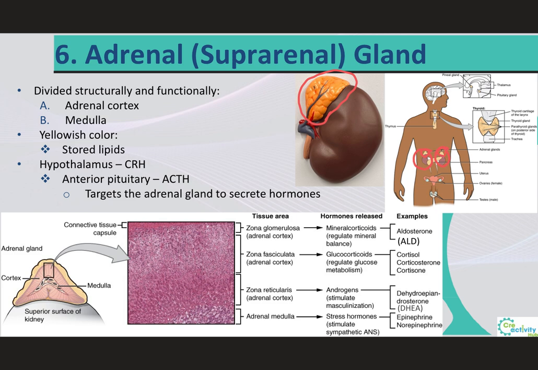For the adrenal glands to secrete their hormones, they will need to be influenced by the hormones that are released from the anterior pituitary. But first, the hypothalamus is the one that secretes the corticotropin releasing hormone that will then send a signal to the anterior pituitary gland to secrete the adrenocorticotropic hormone, and this hormone is the one that will act on the adrenal glands to stimulate them to secrete their hormones.